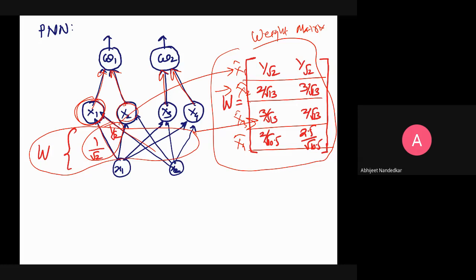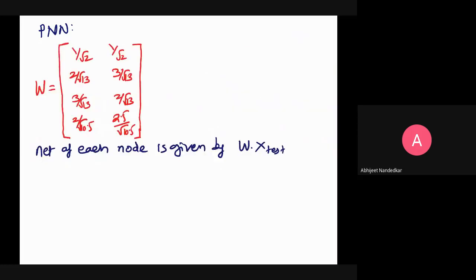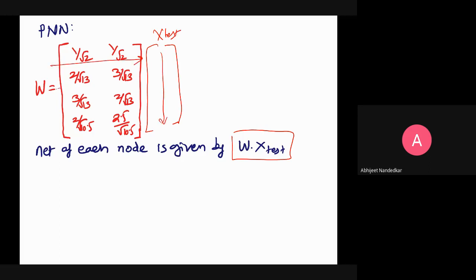Once the designing is over, we want to classify the given test sample. The first step is to find W transpose, or W into X test. If I multiply by X test here, you will see that this row gets multiplied with this column, this row gets multiplied with this column.